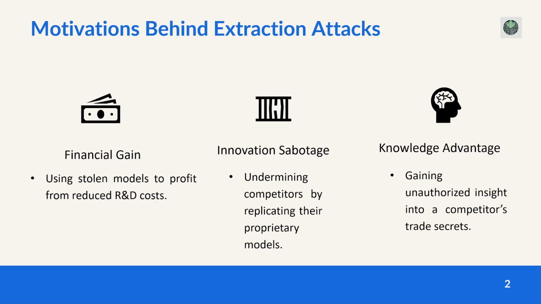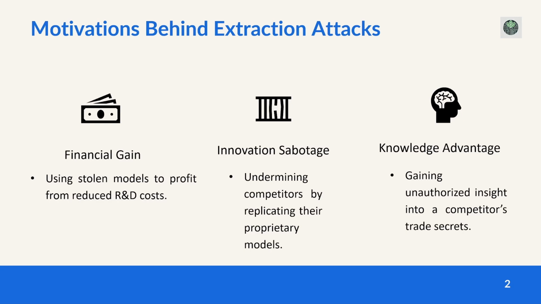So, what are the motivations behind extraction attacks? Why would an attacker even want to do this? They're pretty varied. First, there's intellectual property theft. By reverse engineering these models, attackers can gain access to proprietary algorithms and data that represent valuable assets. Competitive advantage is another strong motivation.